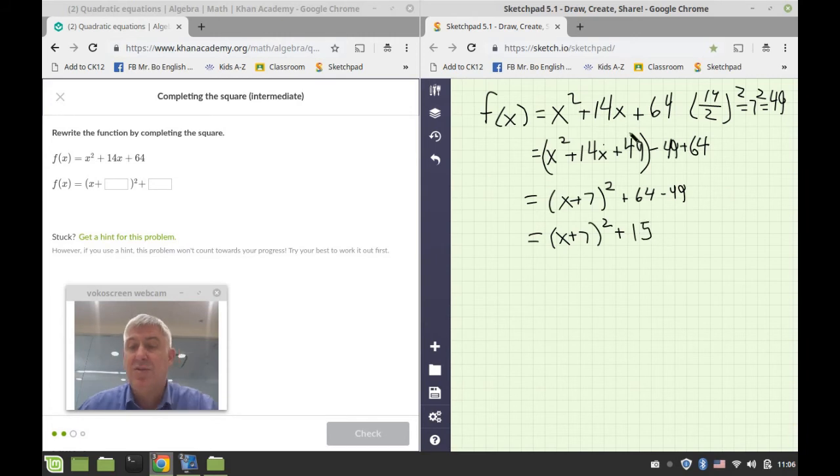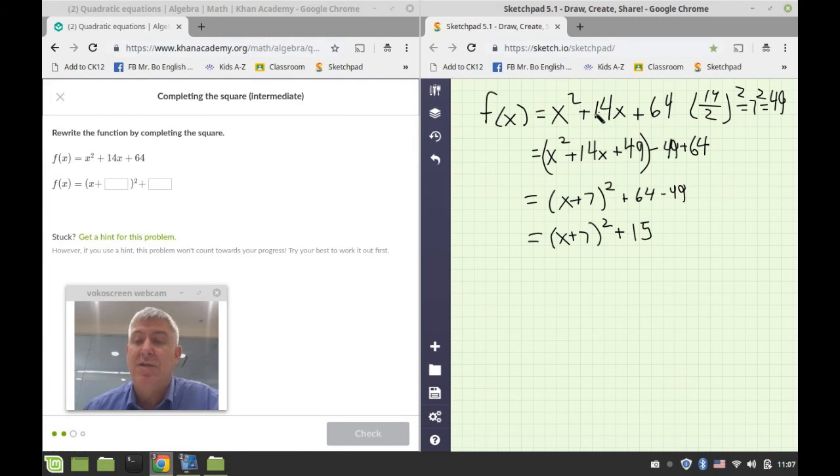There's another way to do this. You can think about it as pulling the 49 out of 64, but a lot of my students get a little bit confused if this ends up being a negative number, or it's off on the other side of an equation. If you can do it, great.